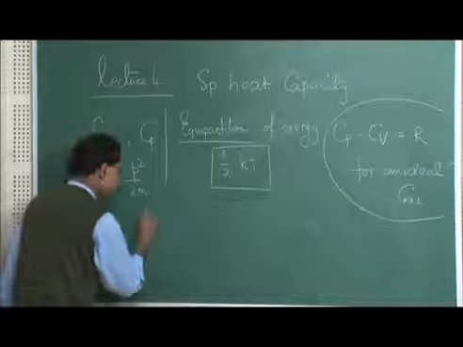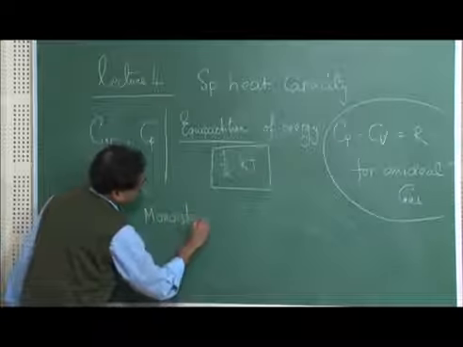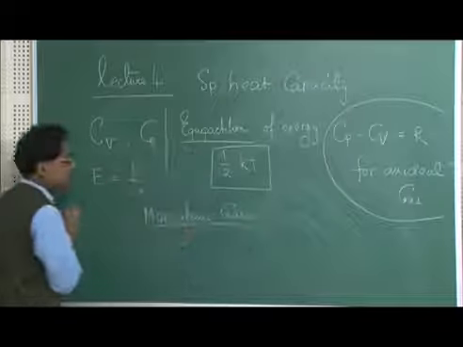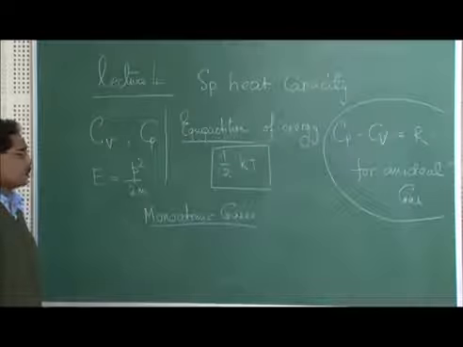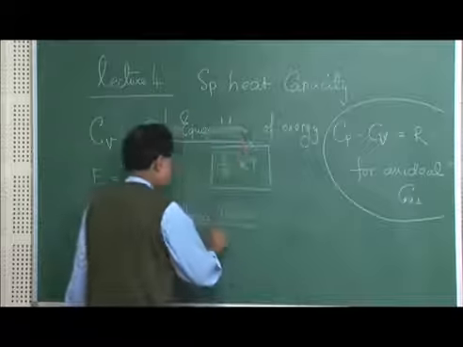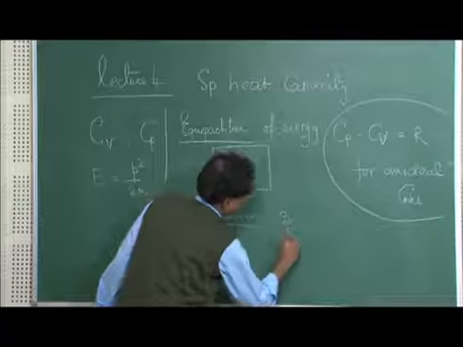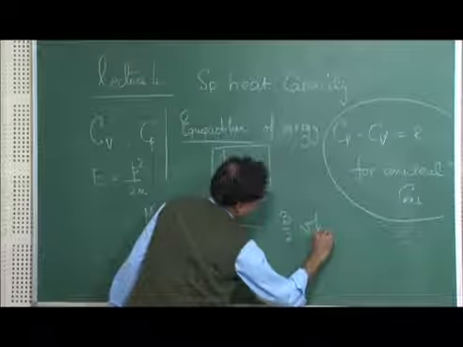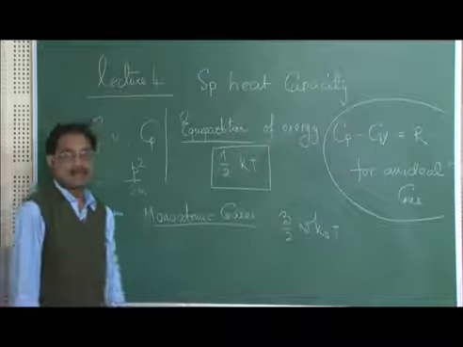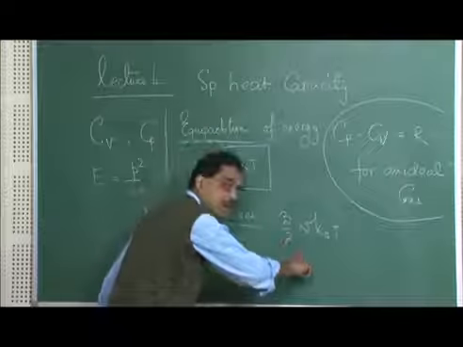So, now we did it for monoatomic gases. For monoatomic gases, we know there is only translational degrees of freedom. So, N monoatomic gas molecules will contribute an energy 3 by 2 N kBT. 3 because it is 3 dimension, 3 components of momenta, and each giving me half kT.